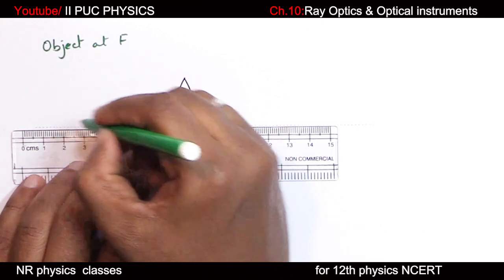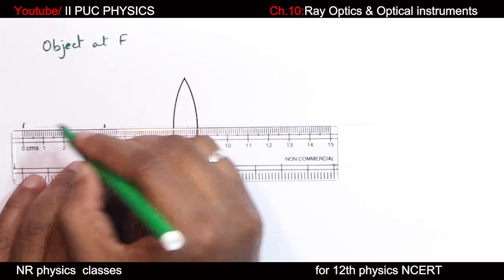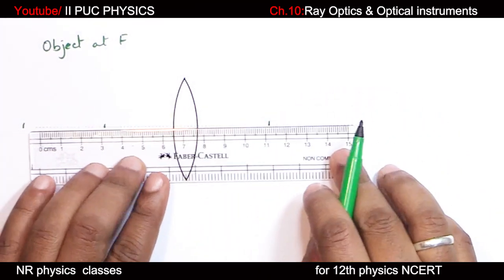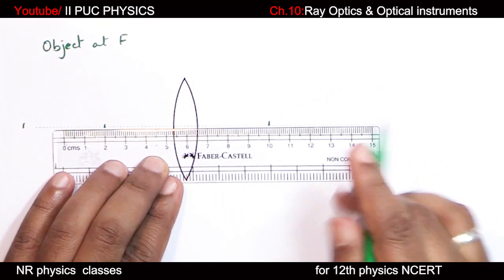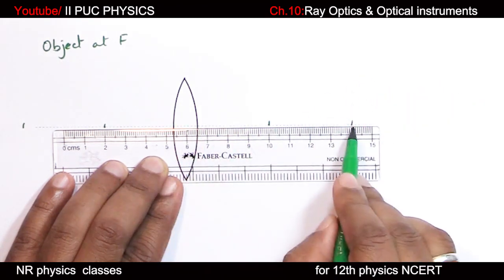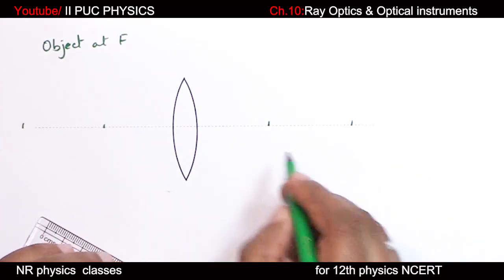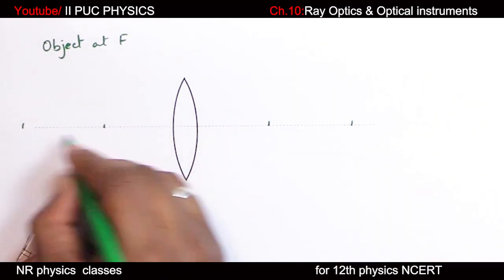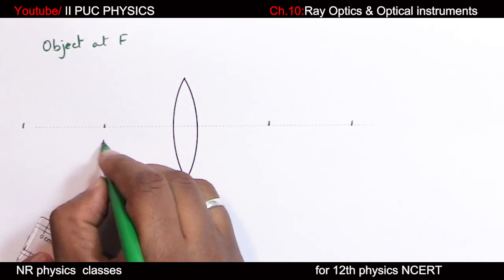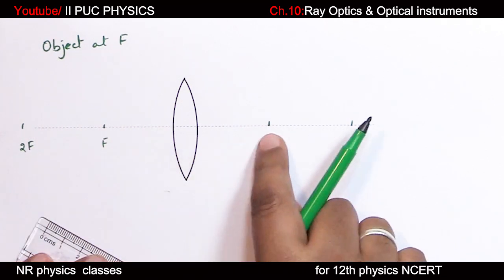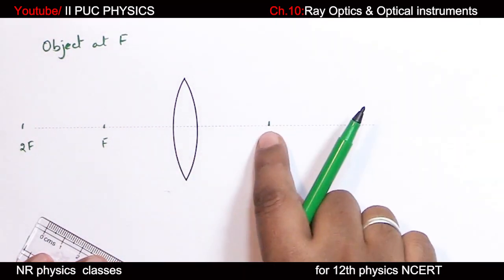So 4 centimeter, 8 centimeter, F and 2F. On the other side also 4 centimeter and one more 4. So here to here 4, here to here 8 centimeter. This is F, F to F. So this is F, this is 2F. Let me write that later.